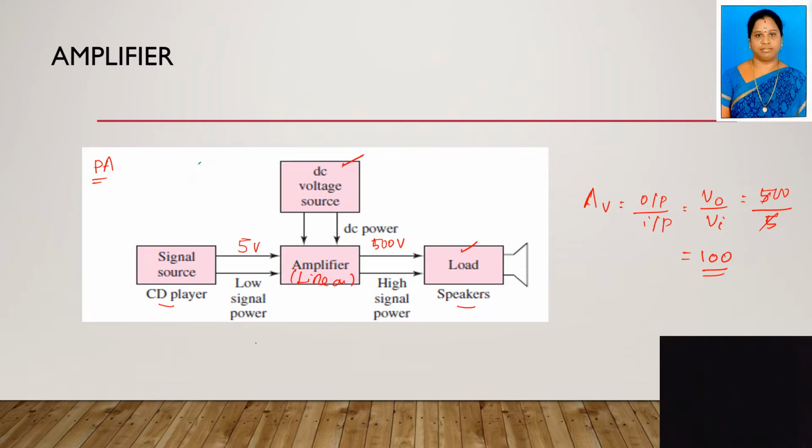So here the signal source is the image you are getting from the satellite. That is given to the amplifier, right? The amplified version is given to the load, which here is the TV monitor or laptop monitor. Okay. So you can see that image after amplification. So many applications are there for the amplification.